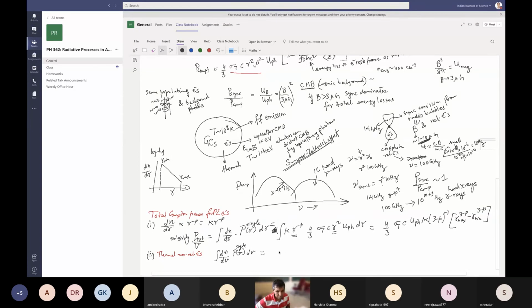We had this beta squared, so it is 4/3 sigma T c. Gamma is 1 now. You have beta squared, and then you have u_ph. All this comes out of this integral. Beta squared is nothing but v squared by c squared.